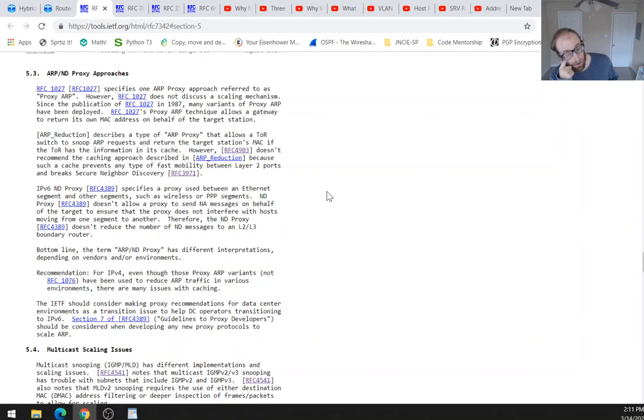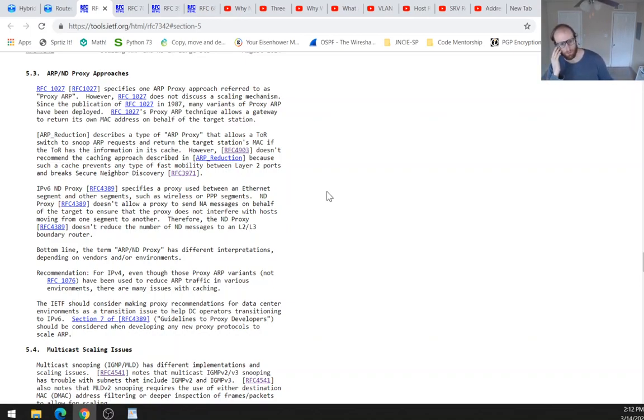Therefore, the ND proxy in RFC 4389 doesn't reduce the number of ND messages to an L2/L3 boundary router. Bottom line, the term ARP/ND proxy has different interpretations depending on vendors and/or environments.